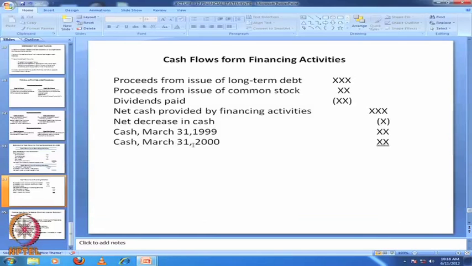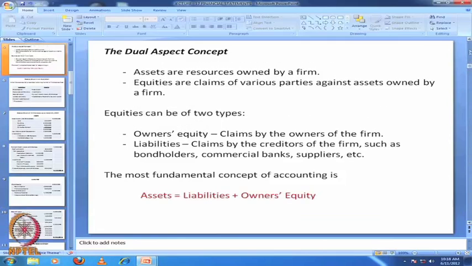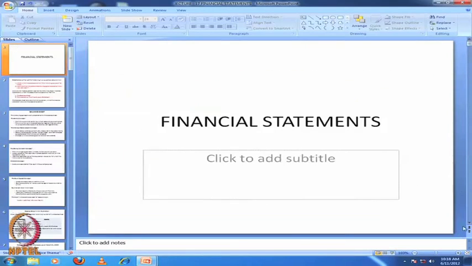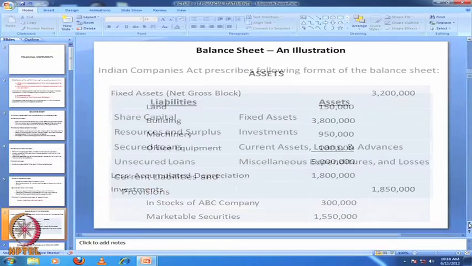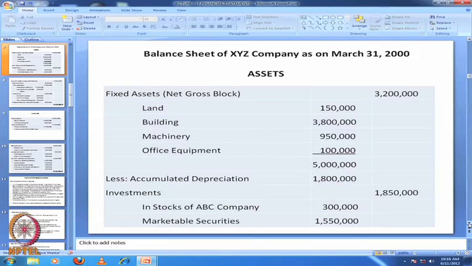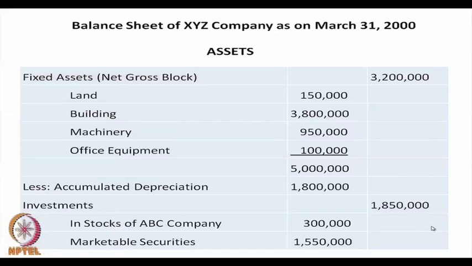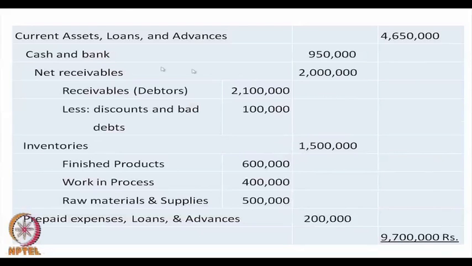For example, in our case, at the end of March 31st, 2000, cash and bank is 950,000.